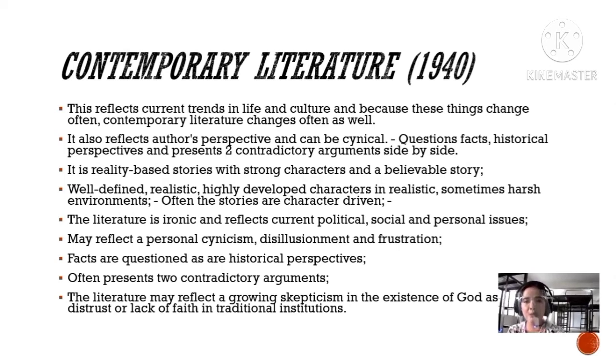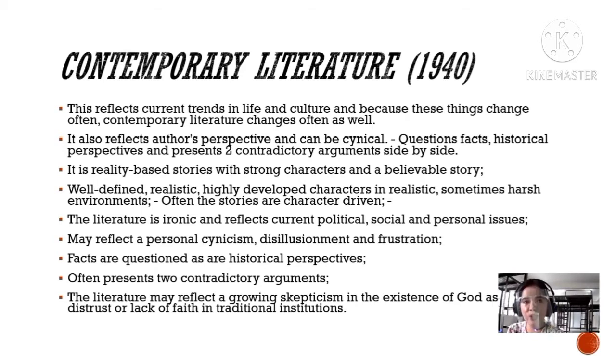So next is well-defined, realistic, highly developed characters in a realistic, sometimes harsh environment, wherein, when you're watching Superman, for example, the people are so bad and doing lots of bad things, or there are lots of tragedies.